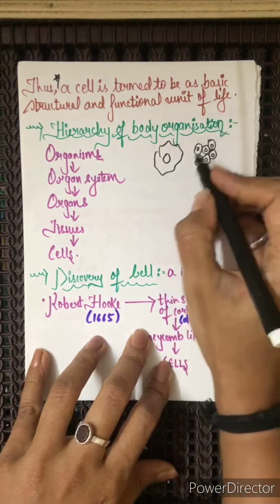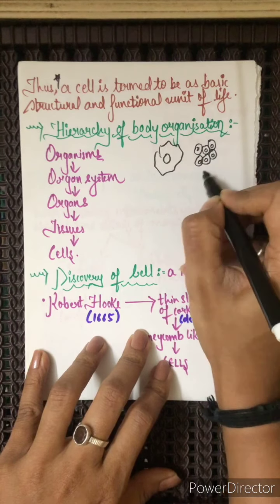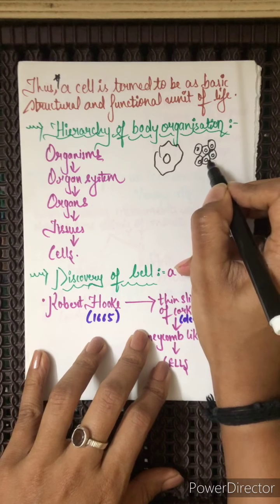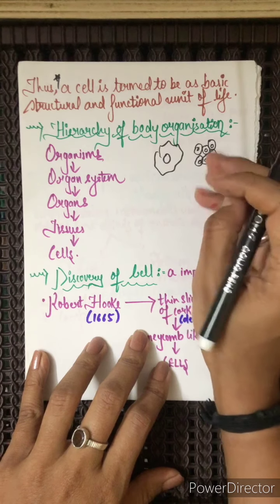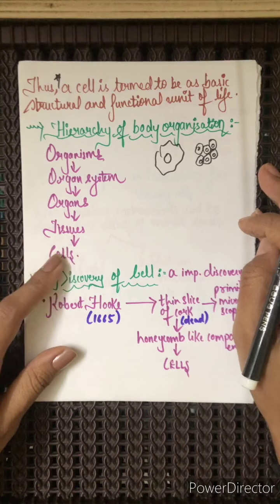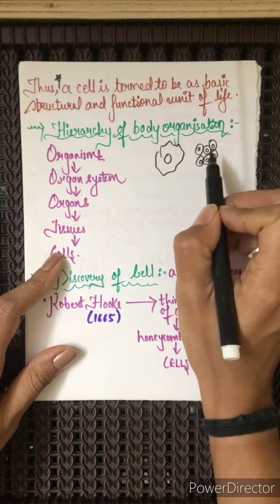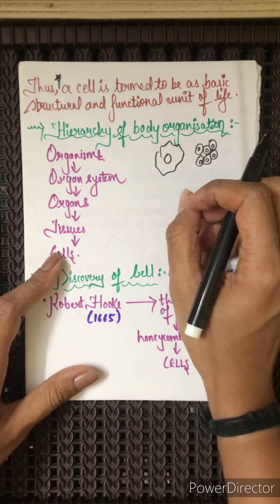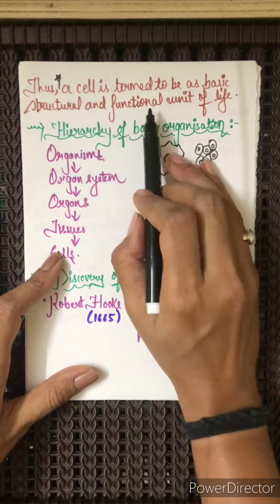Similarly, in a multicellular organism, if all the cells do not function properly, then the organism would also not be able to perform properly, and would eventually die. So a cell, if it performs properly, then and only then can the whole body of the organism perform properly. So a cell is termed the basic structural as well as functional unit of life.